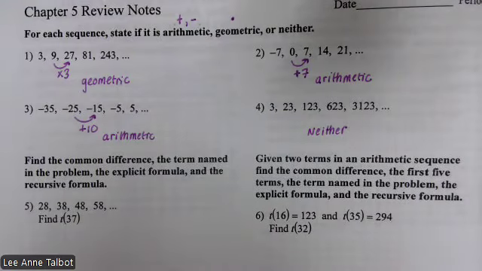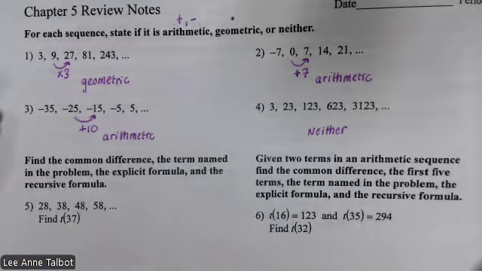So if that's what you mean by solving, okay. Actually, it's really fun that you asked that question. It's like we planned it ahead of time. On the block day, we're doing something like a scavenger hunt, and some of the sequences are neither. I wanted to make sure you knew you do not find the equation for those. You're only doing equations for arithmetics and geometrics. Excellent question. Keep those coming.